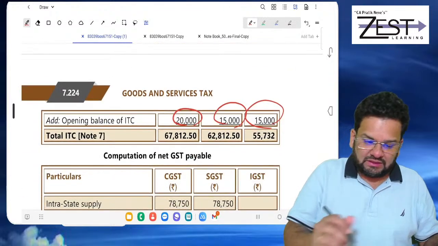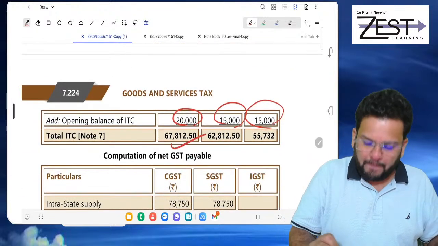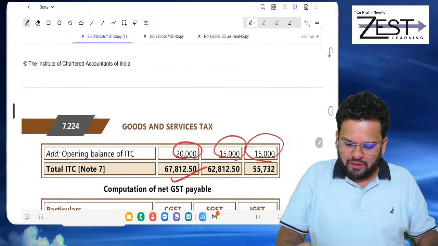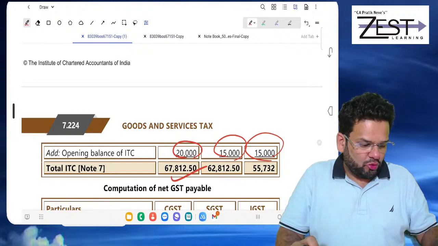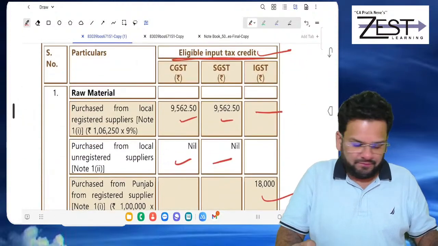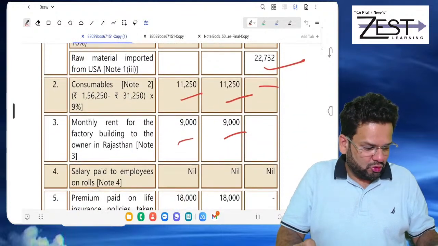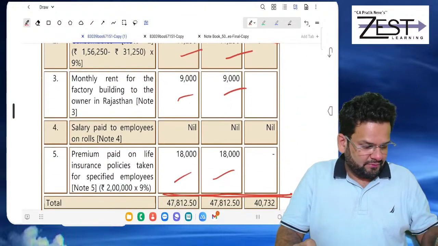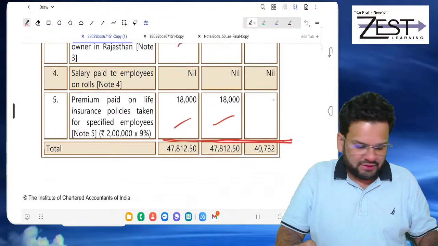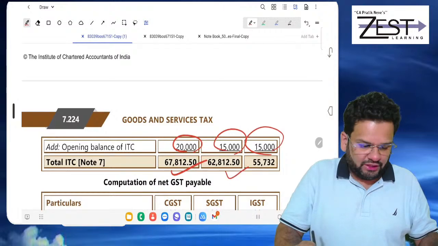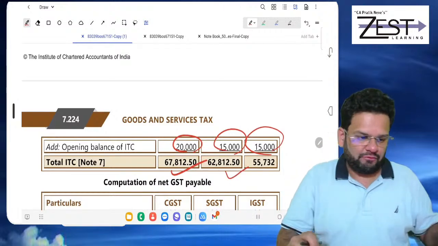Are you getting 67,813? Come for SGST now. 15,000 is the opening balance plus 9,563 plus 11,250 plus 9,000 plus 18,000. Are you getting 62,813? Very good.